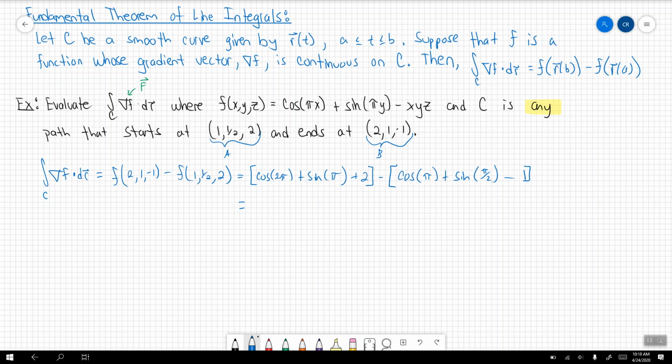All right, so cosine at 2 pi, that should be a 1. Sine at pi, that should be a 0. Then we got plus 2. Then we got minus cosine at pi should be negative 1. And then sine at 2 pi, that should be 1. And let's distribute that minus, so it's going to be minus 1.